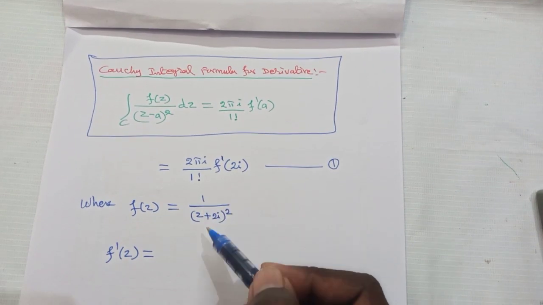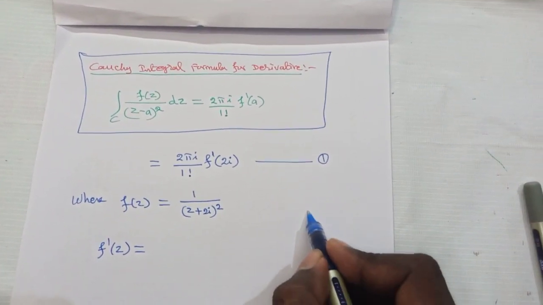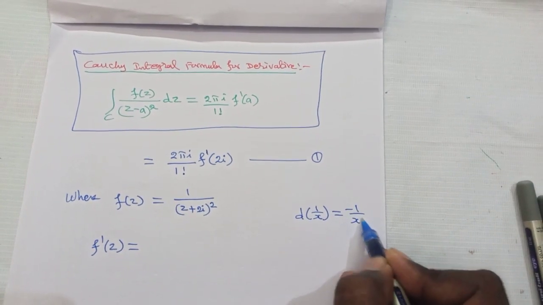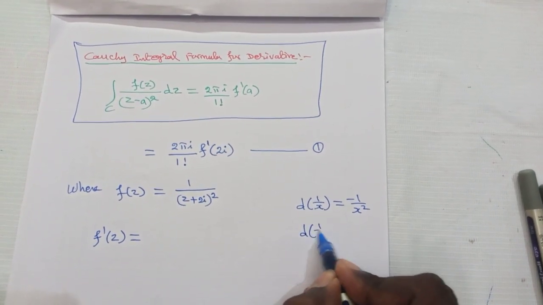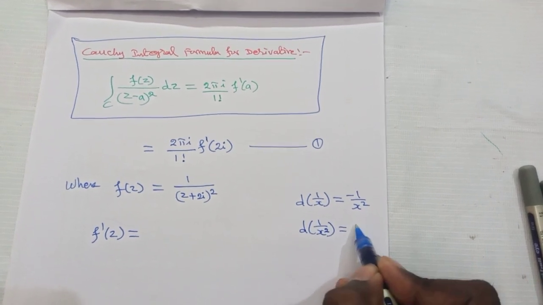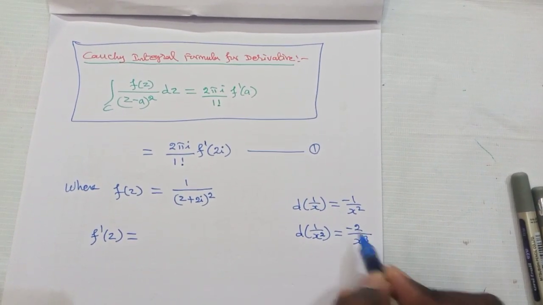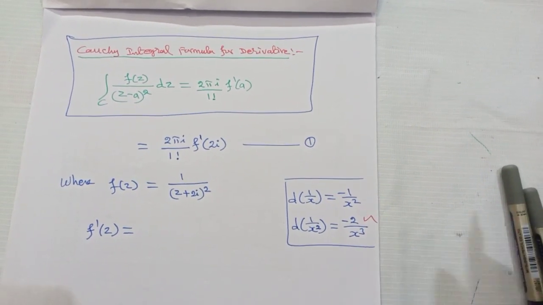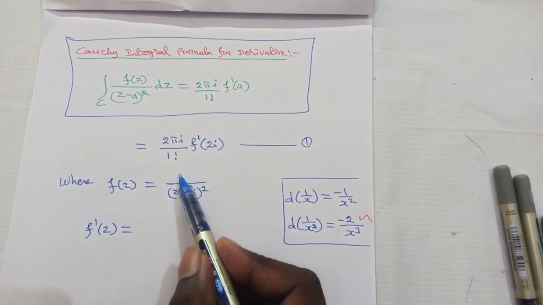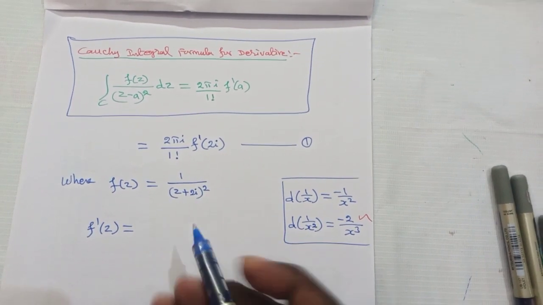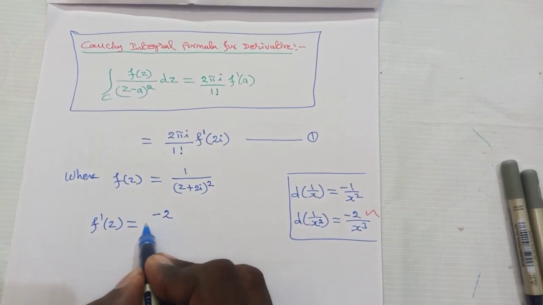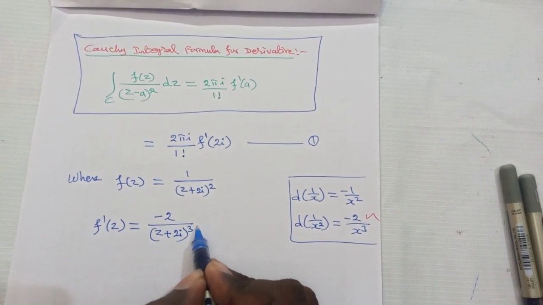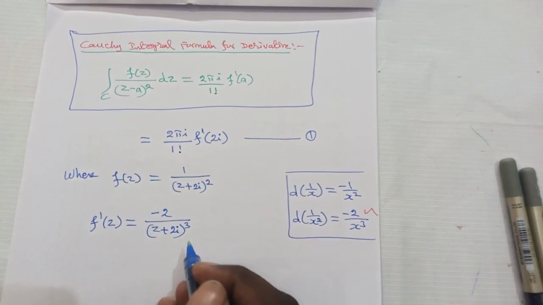We can apply the u by v method, or use a simple formula: the differential of 1 by x is minus 1 by x square, and similarly the differential of 1 by x square is minus 2 by x cube. Here I apply the second formula, and the differential of the inner term is 1, so we don't need to differentiate it.